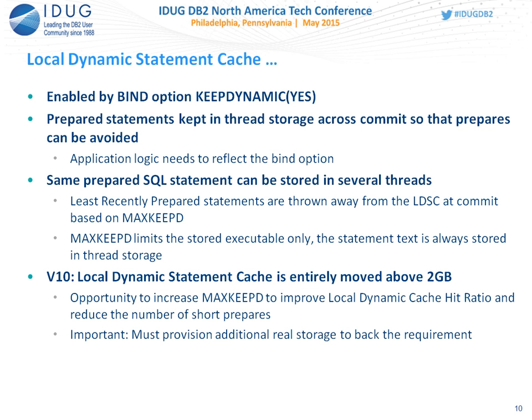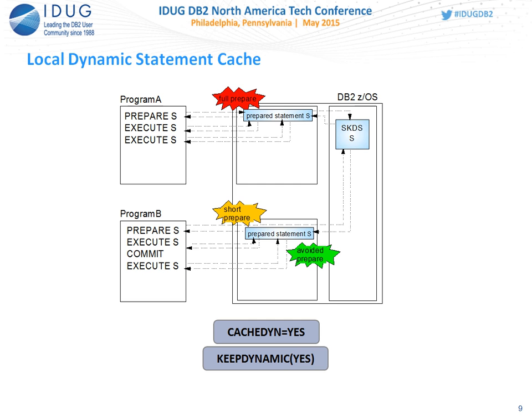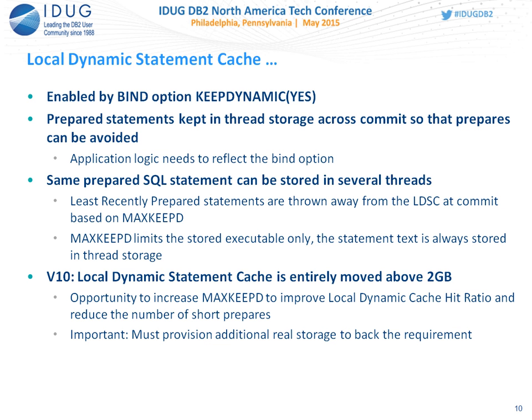So on the previous slide, if program B comes in and says prepare, he gets a global statement hit, execute, commit, and then he requests prepare again, he'll go back and get another global hit, but he's not going to use the one in the thread cache. So if you ask for prepare, you're going to get, at least in this case, a short prepare. So the application has to know not to ask for a prepare.